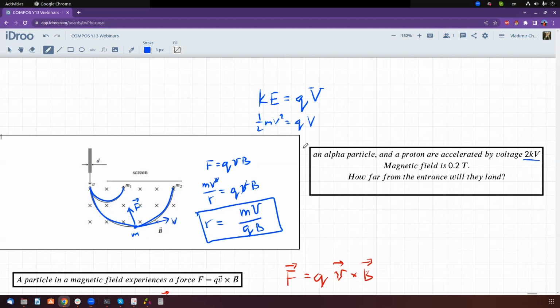That's the accelerating voltage. So we can work out v is equal to the square root of 2QV divided by m. Okay, that's the speed.